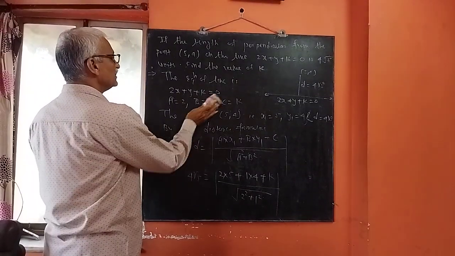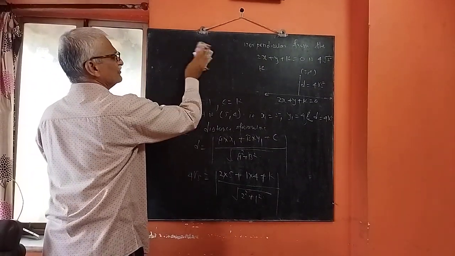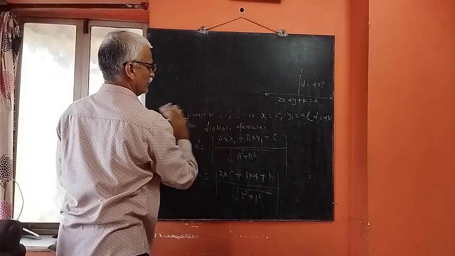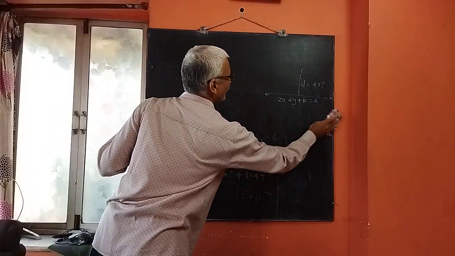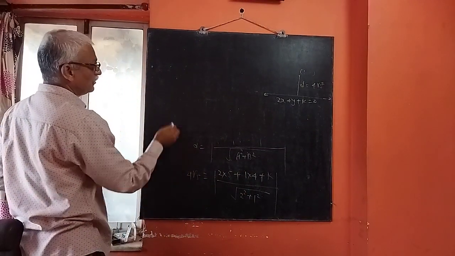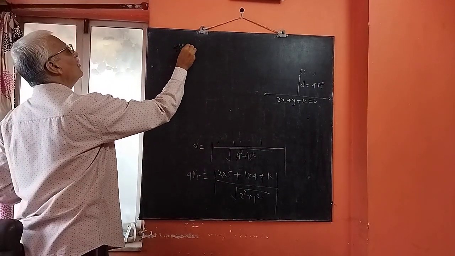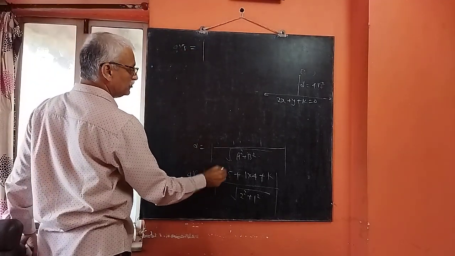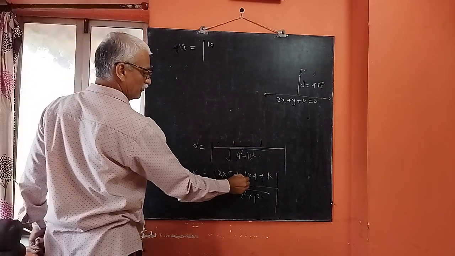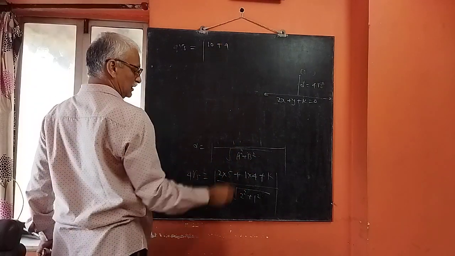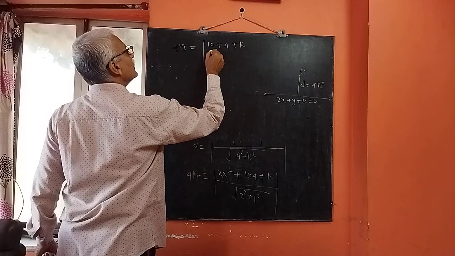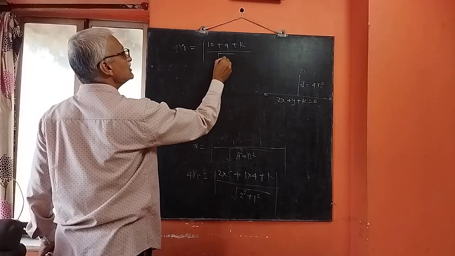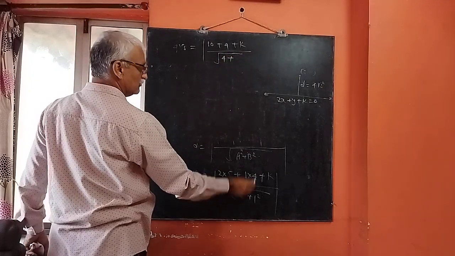For the simplification, 4 root 5 is equals to modulus of 5 into 2, that is 10, plus 1 into 4, that is 4, plus k, divided by square root of 2 square, that means 4, plus 1 square is 1.